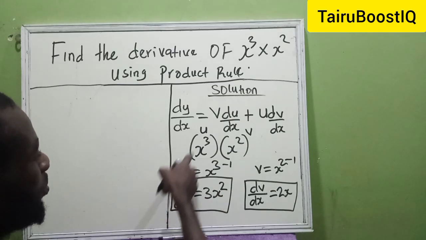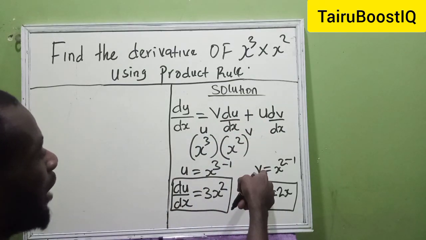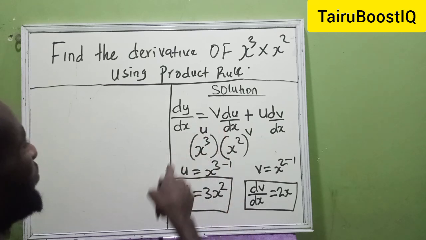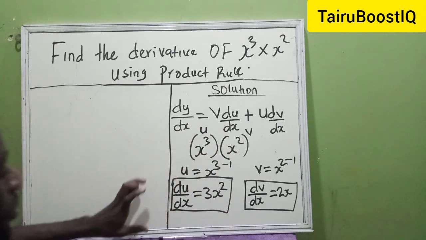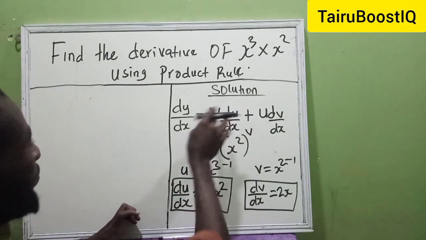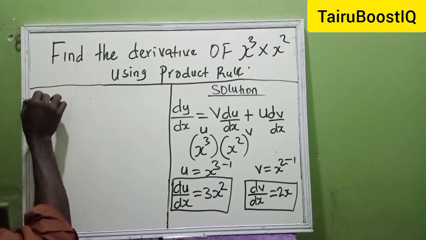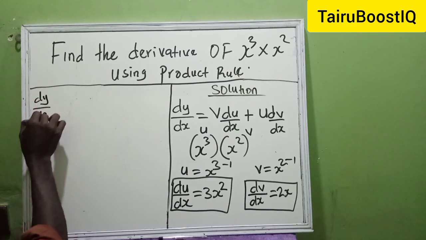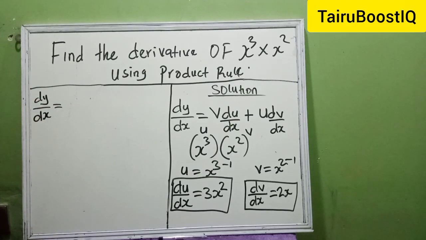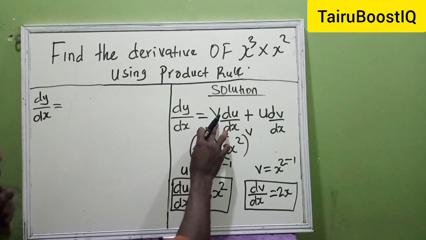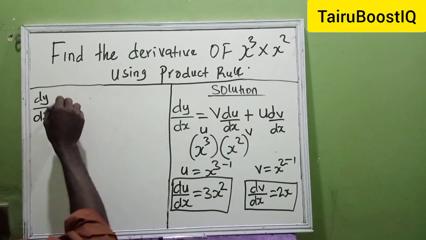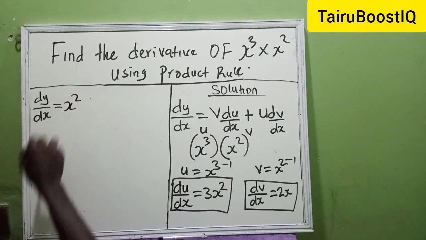And we have our u, which is this value, and we have our v, which is this value. The next thing is for us to plug all these values into this formula. That is, our dy/dx now is equals to, what is our v? Our v is x squared. We now put x squared here.